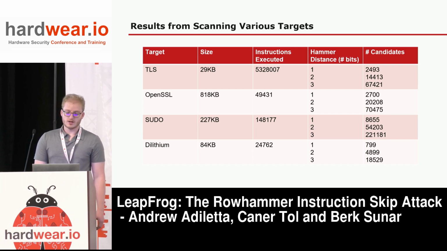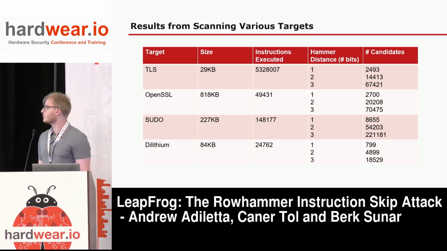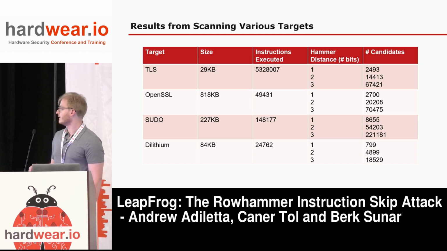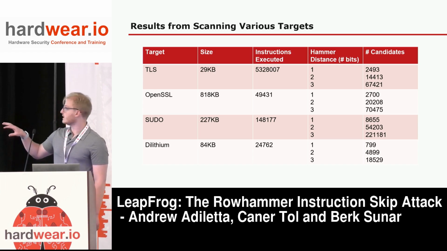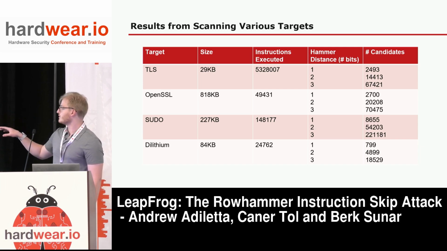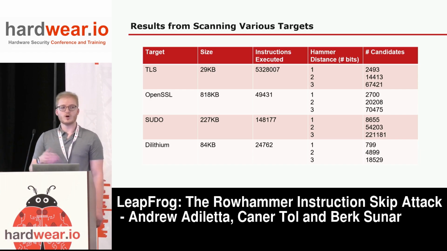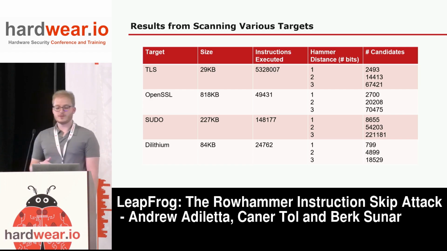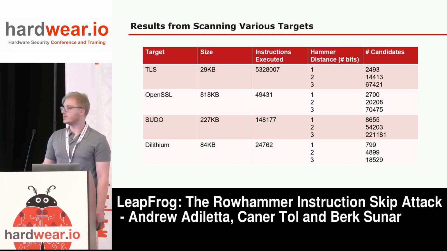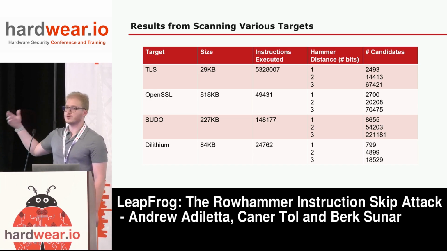Now, some results from our scanning and profiling step. For our TLS handshake, quite a few instructions were executed, but when we limit ourselves by hammering distance in terms of where we can jump to, there were 2,493 candidates where you could jump to a place that was one bit flip away and wouldn't crash the program.